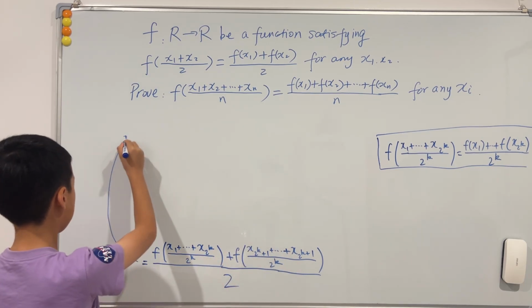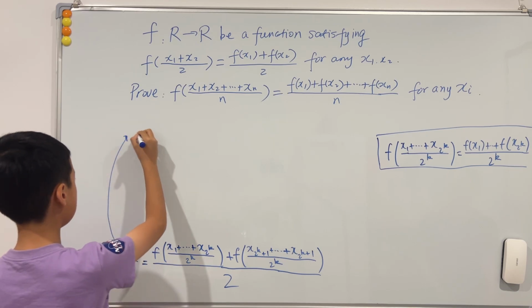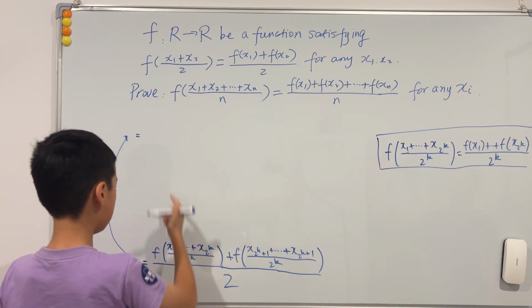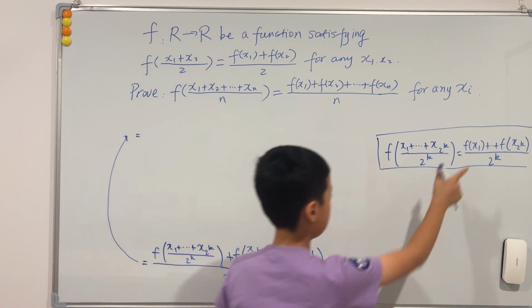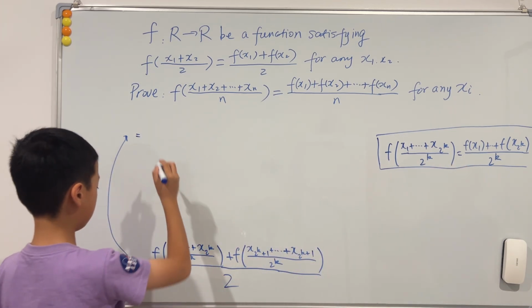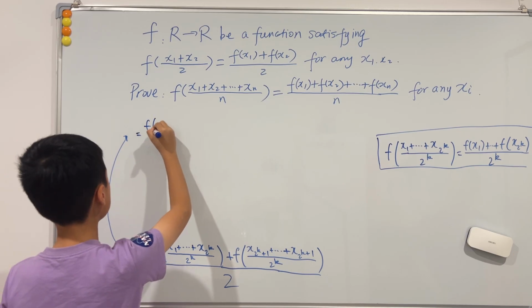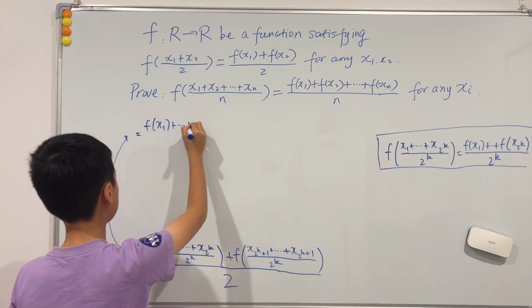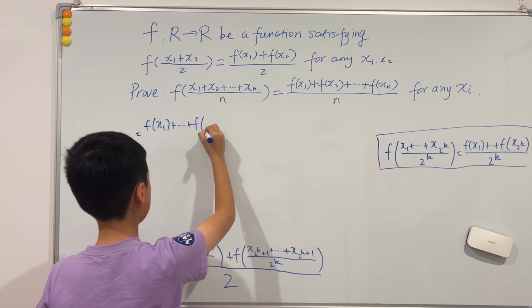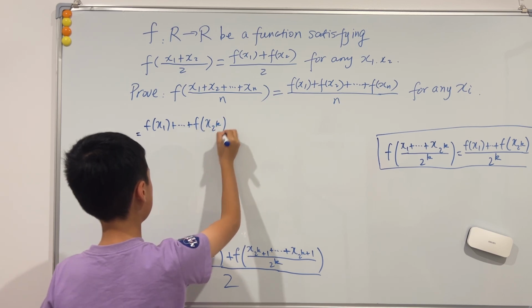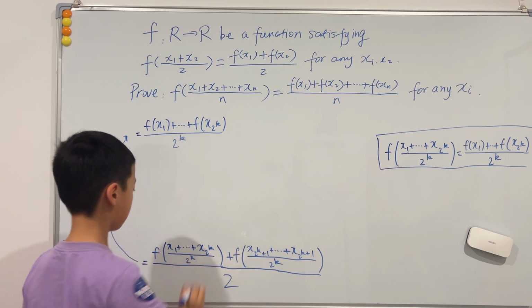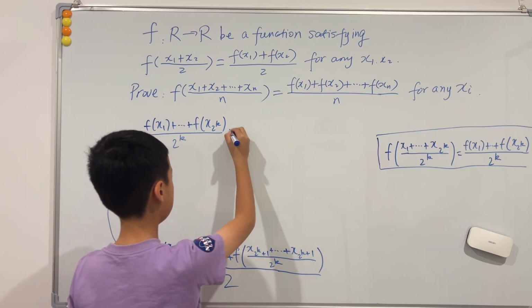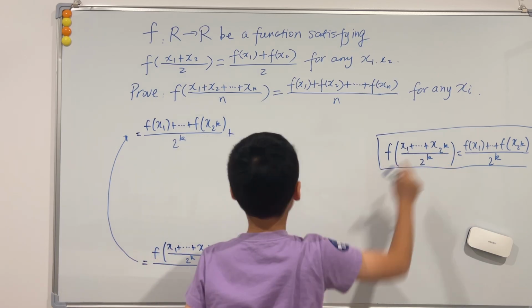So if I go back up here, then we see this will equal to, the top will be that. So you change this into that. And then we add this, go to that.